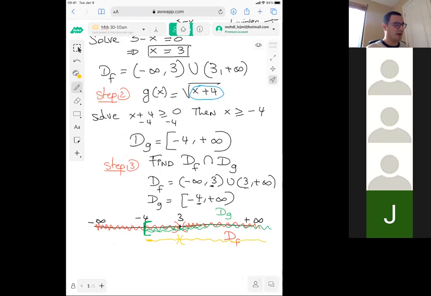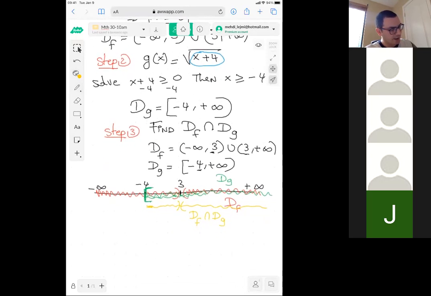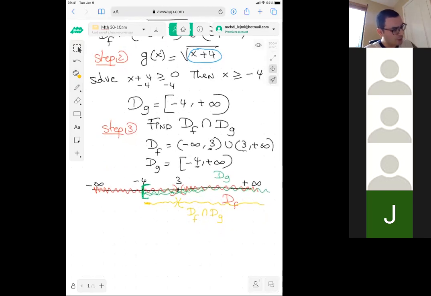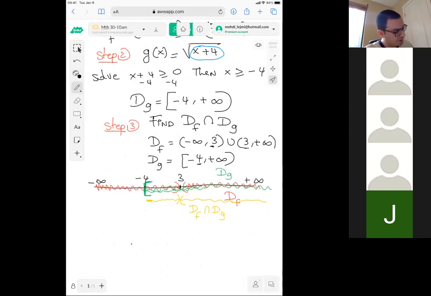The common domain would be this yellow domain, df intersected with dg. So the answer is: from -4 to 3, excluding the positive 3 again because it's not in the domain of f, union 3 to positive infinity.